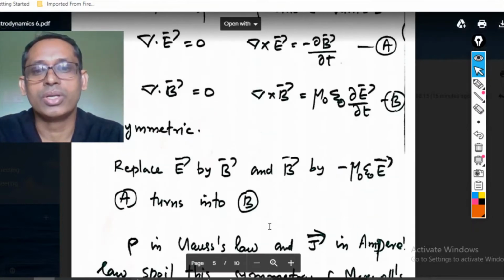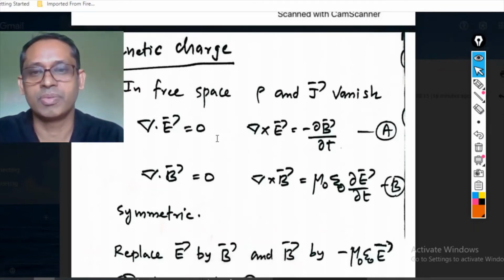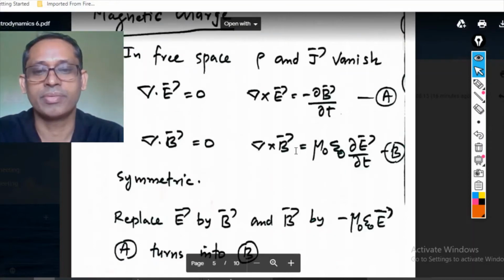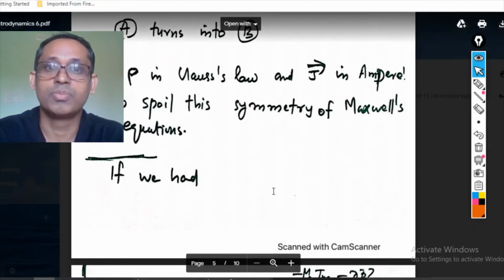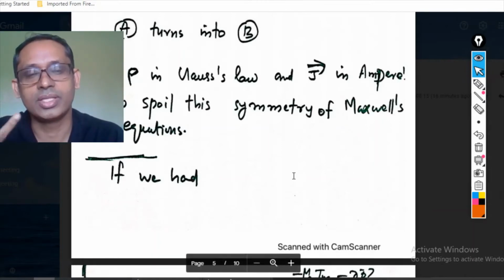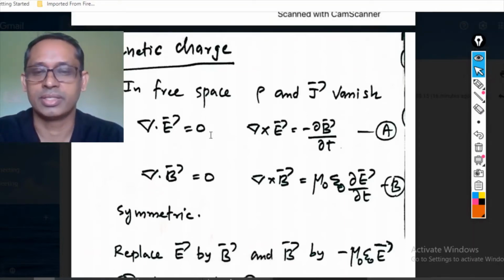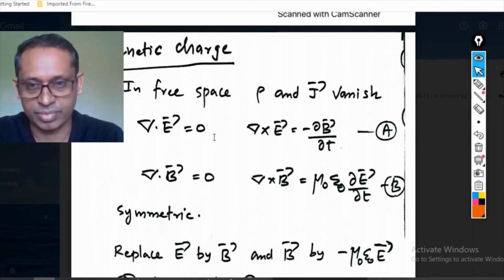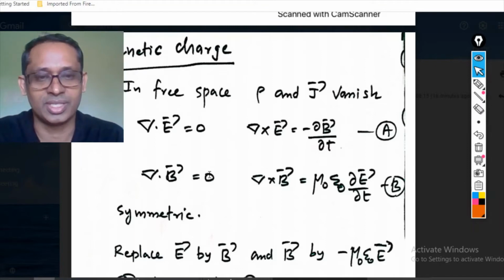But the rho in Gauss's law, if you are not considering free space, there will definitely be rho and J. The rho in Gauss's law and J in Ampere's law spoil the symmetry of Maxwell's equations. If you had rho here, this one would have a right hand side, rho by epsilon 0, but the right hand side of this equation is 0, so that spoils the symmetry.